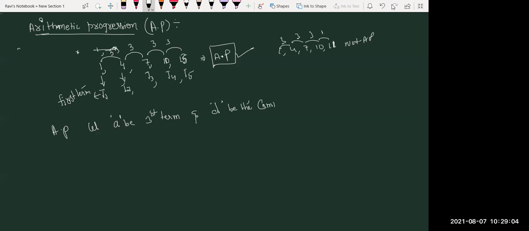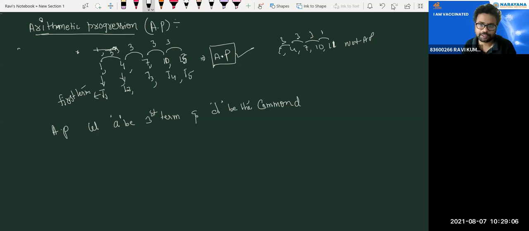Then a, a plus d, a plus 2d, and so on, up to a plus (n minus 1) into d. This we can call an AP series with common difference d.